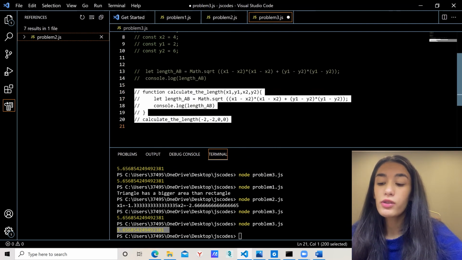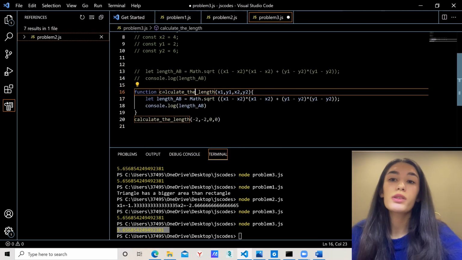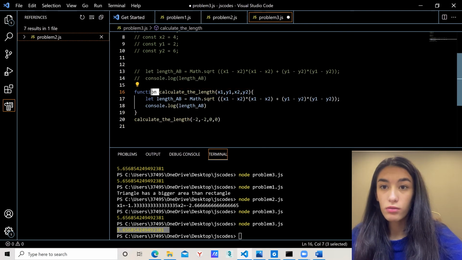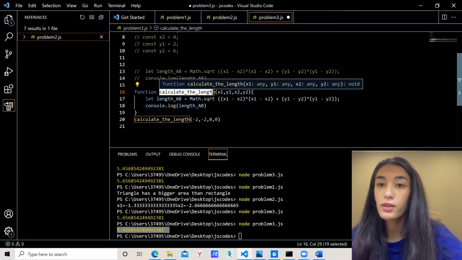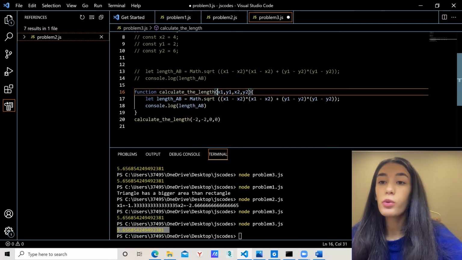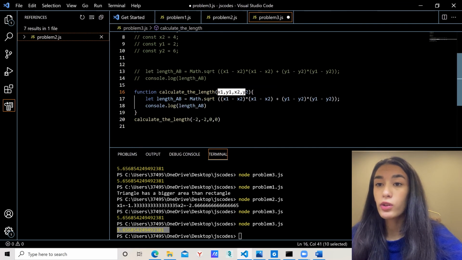So for functions, we must first of all declare a function named calculate the length. This is the name of our function, and we are telling that our function is dependent on x1, y1, x2, y2.